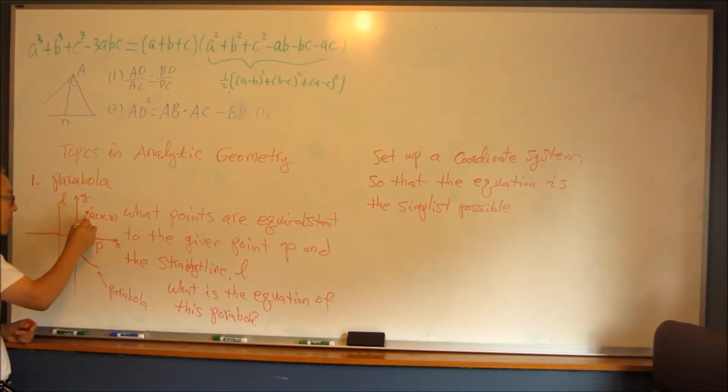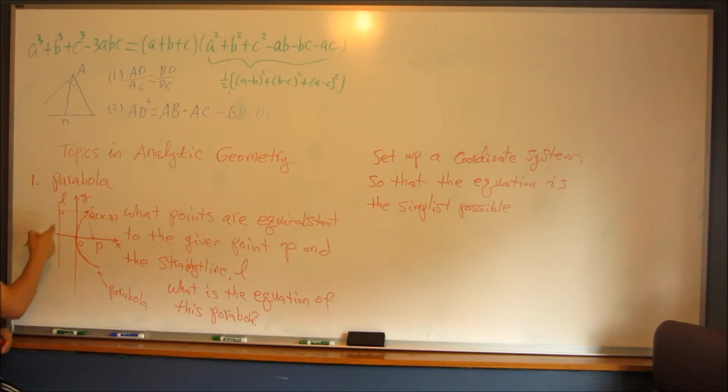So we draw the distance between two points, and we draw the distance from the point to the vertical line. We call this point R.